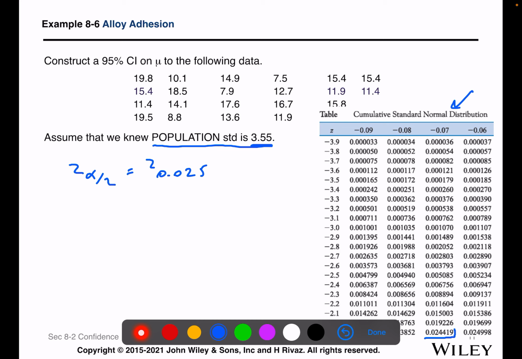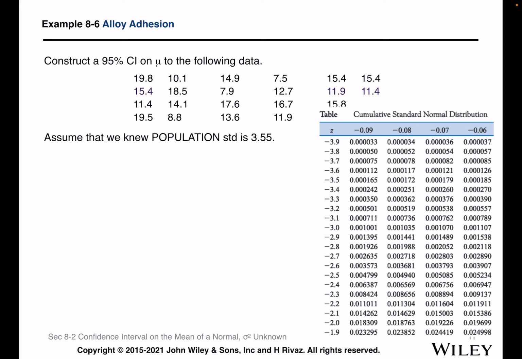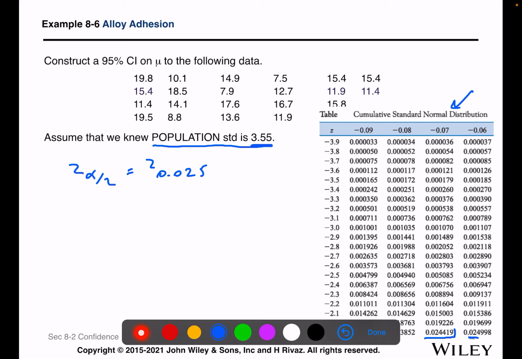And in the normal distribution, z of alpha divided by 2 is this number. Oh, sorry, this number is closest. Sorry, I made a mistake. So this number in purple. Right? So this number is closest to 0.025, right?